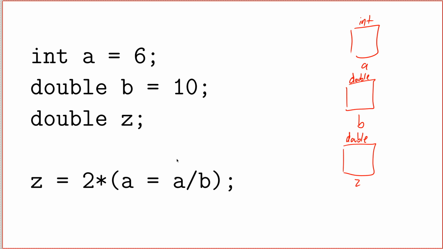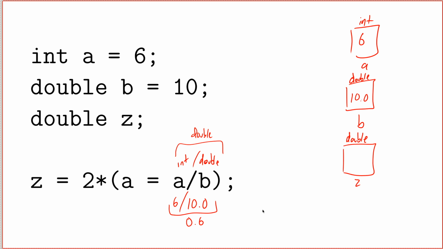So let's go through it. So here I have int divided by double. And we know that the result that comes out of that will be a double. All right. And then the actual value would be 6 divided by 10.0. I should have been more clear that it's a double value in b on my diagram. Okay, so this is a double, so I will get 0.6. Okay, all good so far. But now I assign this to a.